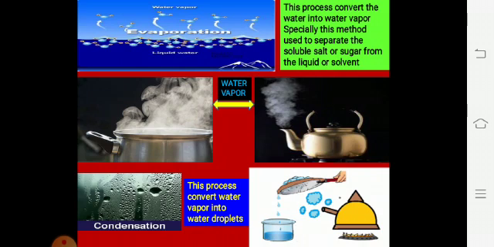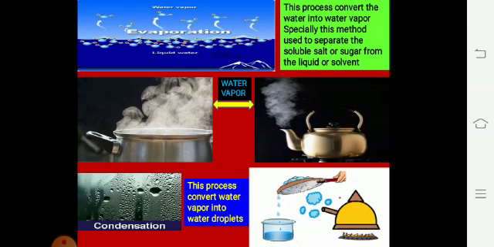So students, you generally notice that when we boil water on a stove and the water starts boiling, some vapor arises.